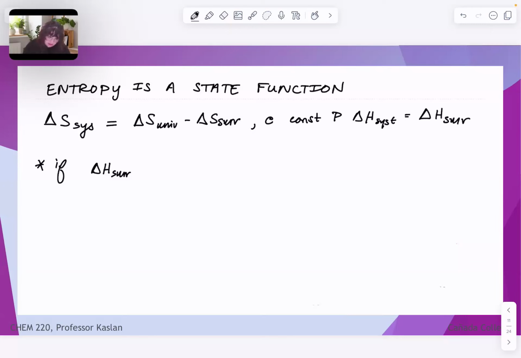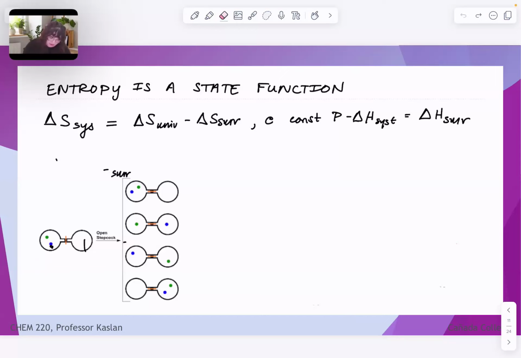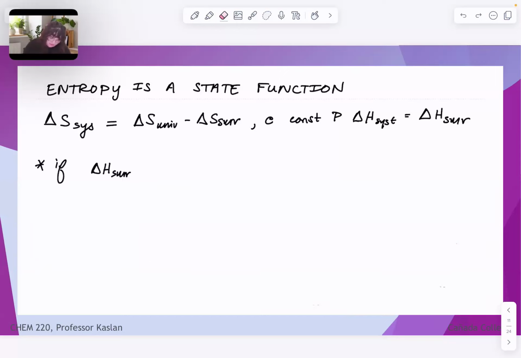And if we're talking about exothermic, then we assign the negative sign to our change in system, which means that if we wanted to consider how the universe has to always be increasing, then we arrive at the following equation, which was the one shown, but with a negative sign.